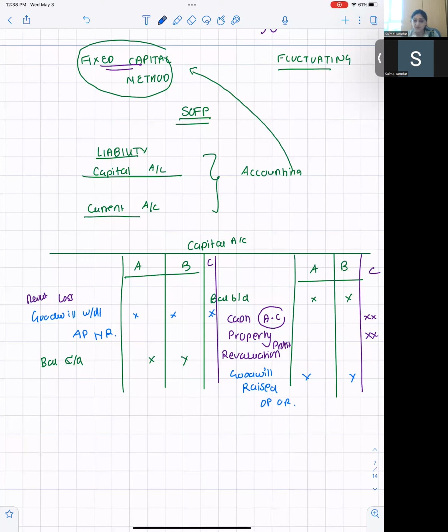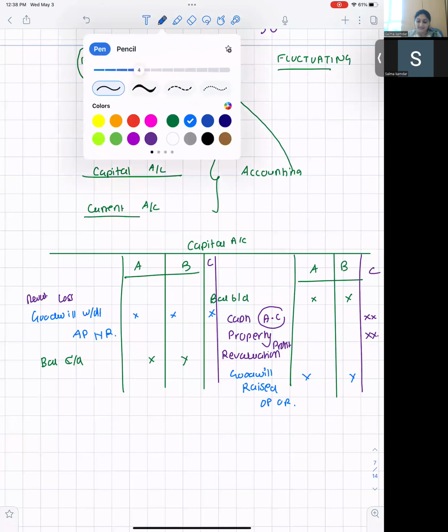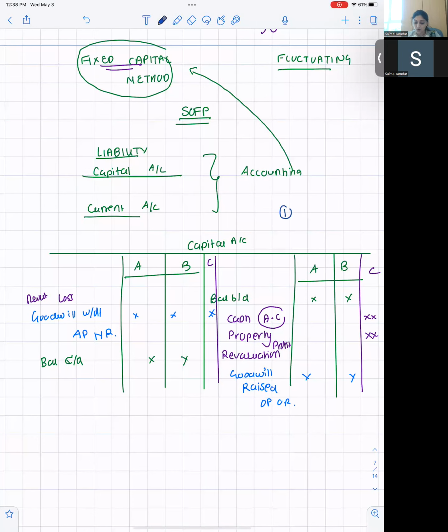So when I follow the fixed capital method, the capital balances will change because of additional capital, revaluation profit or loss, and goodwill adjustments, that is goodwill raised and written off.